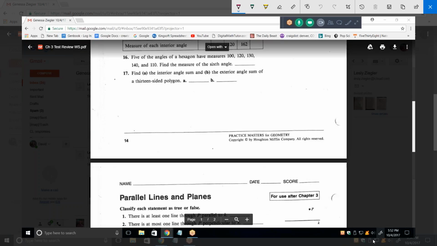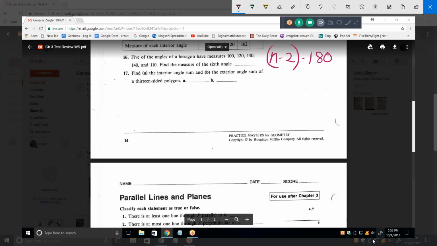That's not the sum. The sum of the angles is this. If it's a regular hexagon, then you could divide that by n and you'd get the measurement of each angle. But this is not a regular hexagon.